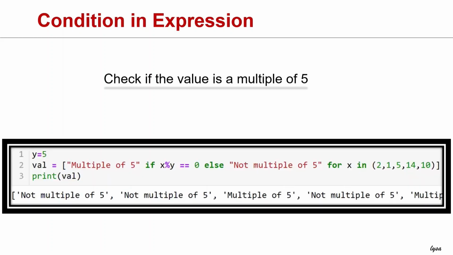So far, we have seen expressions that were simple arithmetic expressions. Please note that it is also possible to have conditional expressions. So let's look at this with an example. Consider an example where you want to check if the value is a multiple of 5 and then return the string multiple of 5 if it is a multiple of 5, else it returns not a multiple of 5.